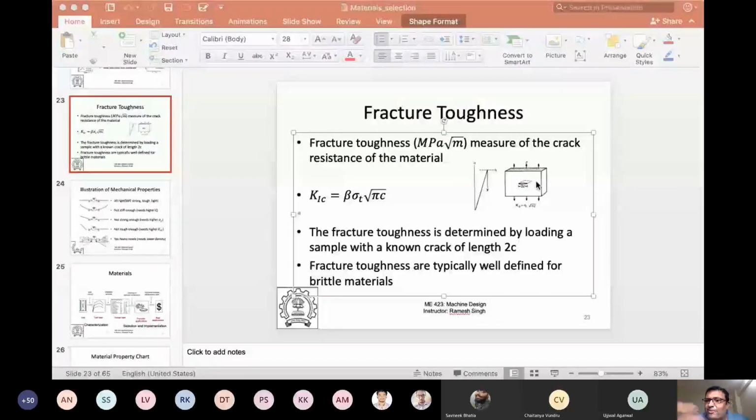It will fail much faster. So that is where beta is there. Beta is a factor which tells the geometry and the location of the crack. This is the correction factor for the location and geometry of the crack. I'll teach all that. Okay, thank you, sir. Yeah, so you don't have to worry about that.